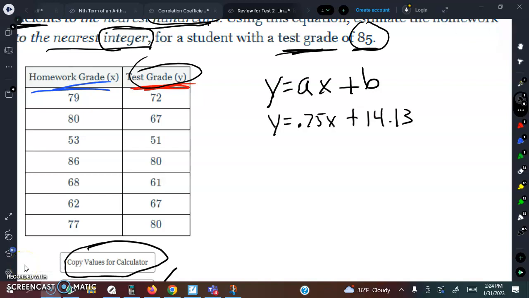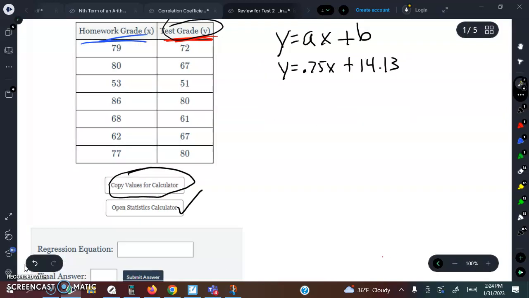Okay, so now I have my equation, and this right here is what you type in the first box. It's going to go right here, right? And you want to put the y and everything right in here. That's what this whole equation, make sure I'm clear, this whole equation goes right here in this box.